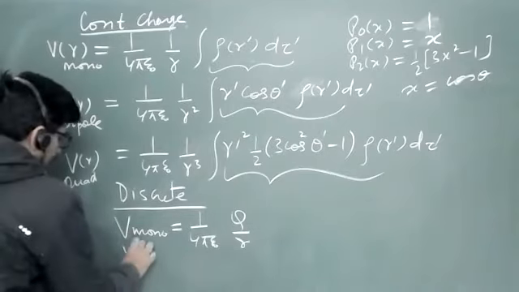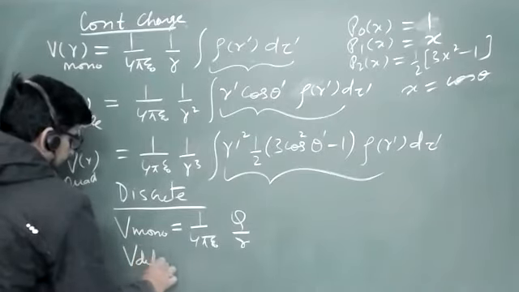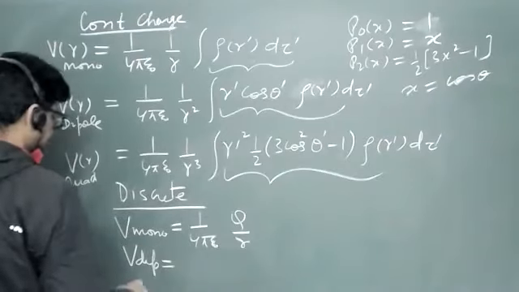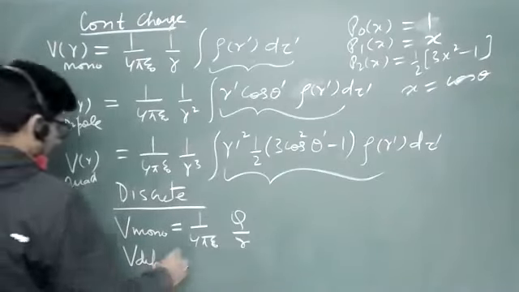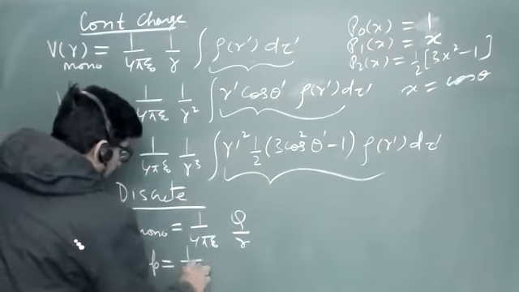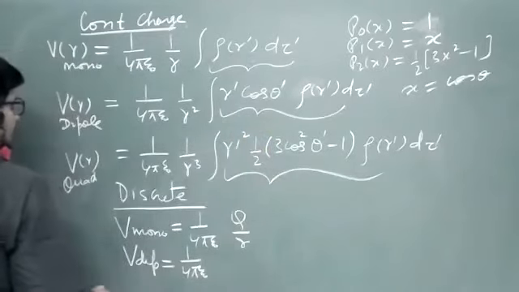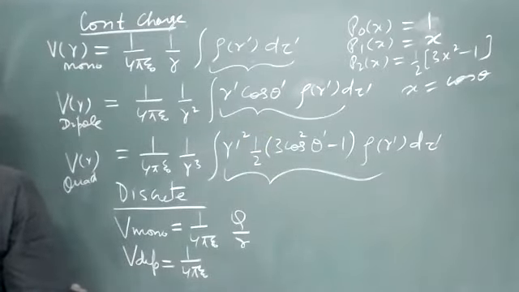V dipole, what will it become? V dipole is 1 upon 4 pi epsilon naught. So this is just the dipole moment. So how to write it?